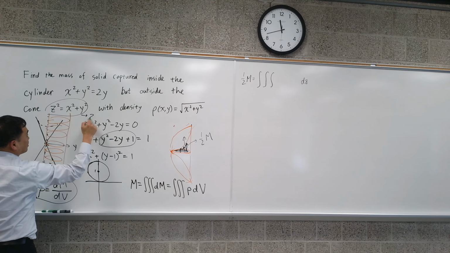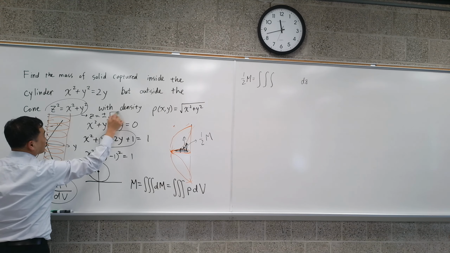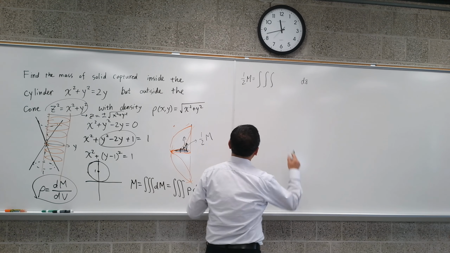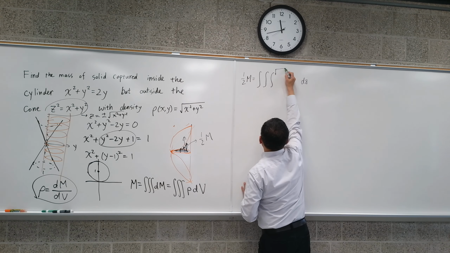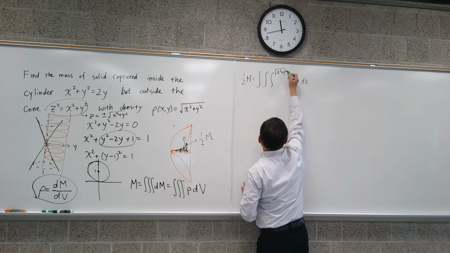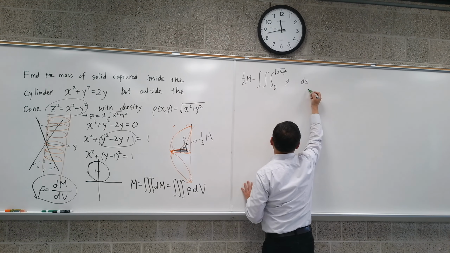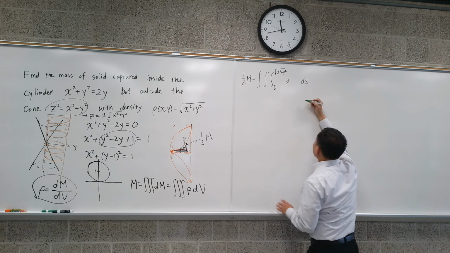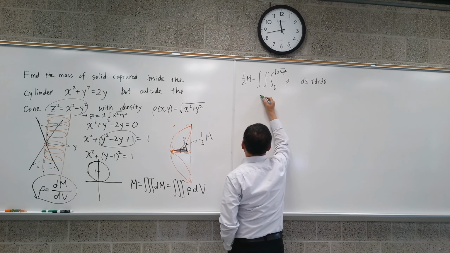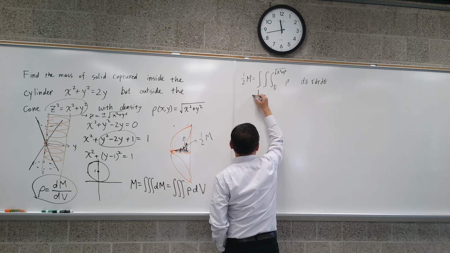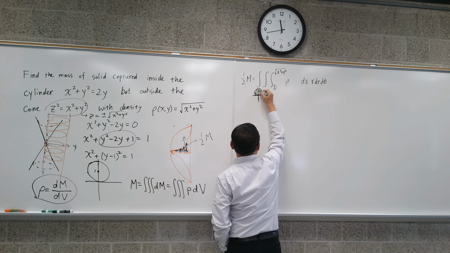You get z equals plus or minus square root of x squared plus y squared. But it's a top cone, so we would need the square root of x squared plus y squared, and 0. And you're integrating rho. And then we will have the r dr d theta somewhere here, and we're trying to describe this region. Okay.